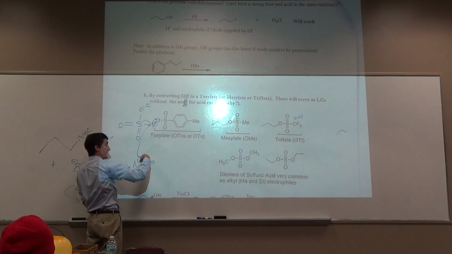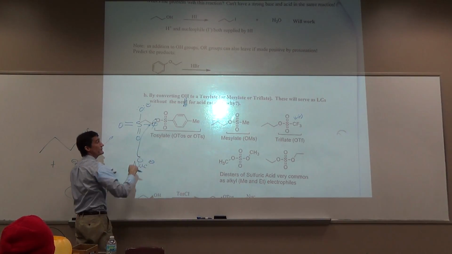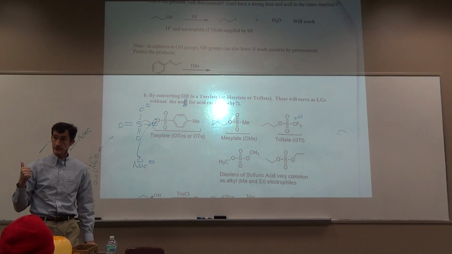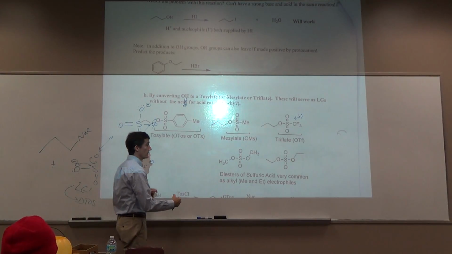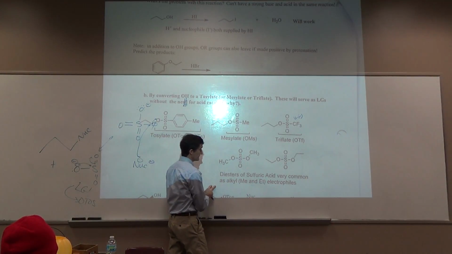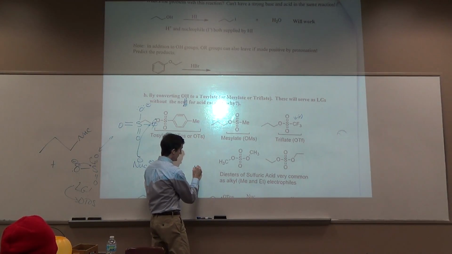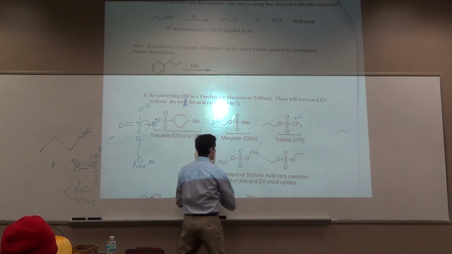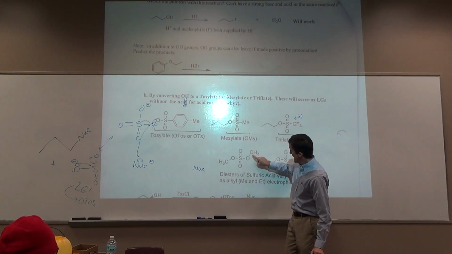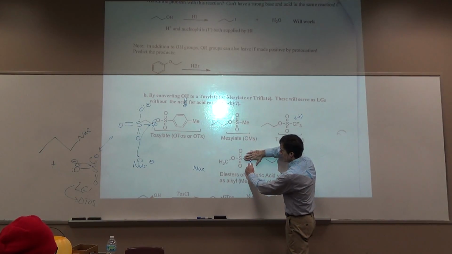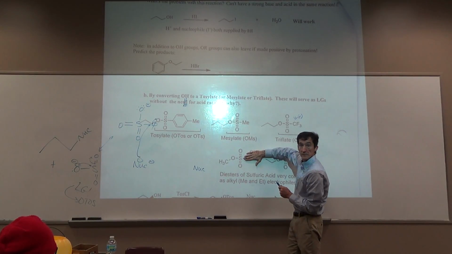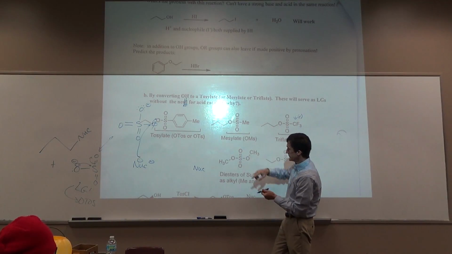That thing likes the electrons coming in, so we call it an electrophile. The thing with your leaving group is your electrophile. It likes the electrons to come in. Okay? So we can call these electrophiles. Nucleophile. Now look at this. If this over here was a toluene ring, that would be a tosylate with a methyl. And pretend like that's a toluene ring.